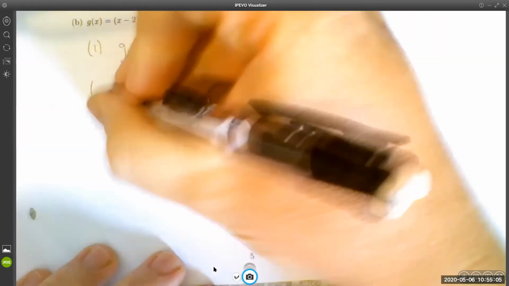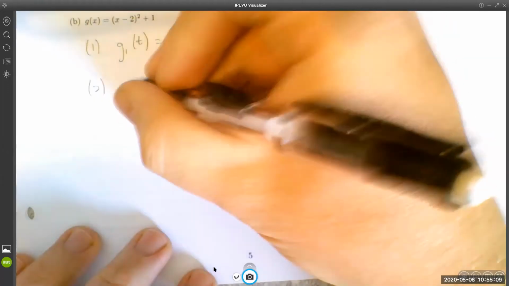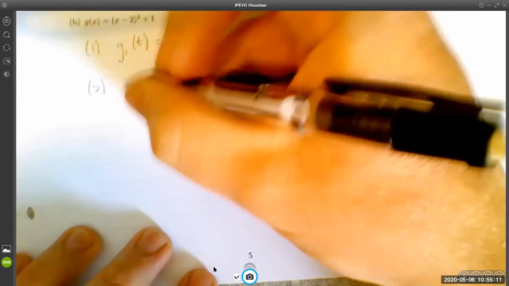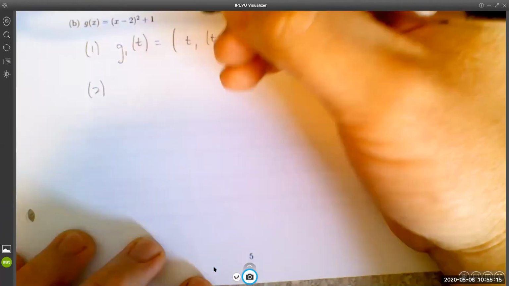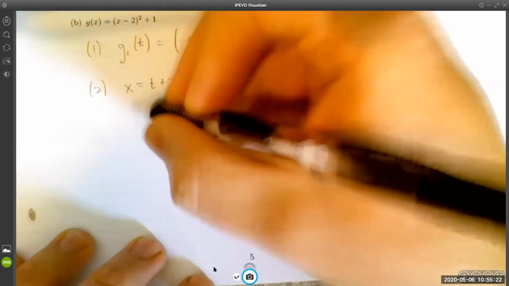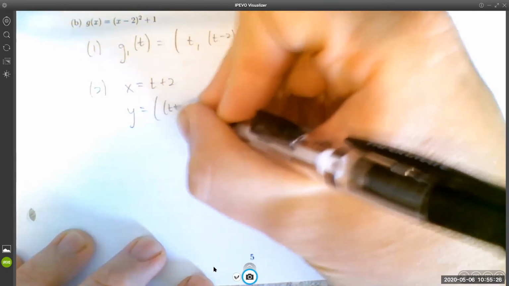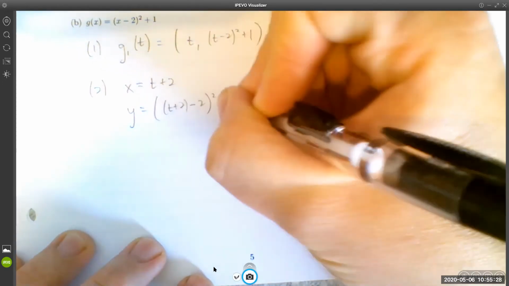Okay, for a second one, you could choose any value of t you like. What I mean is you can let x be any value you like. I'm going to let x be t plus 2, because then I think something nice happens. If I let x be t plus 2, then y would be t plus 2 minus 2 squared plus 1.